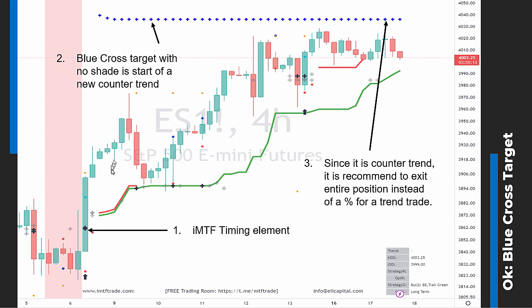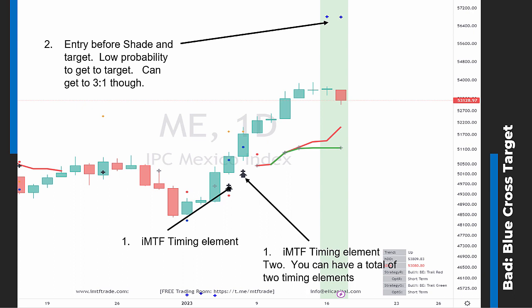Since this did not have a shade here at all, this turned into a counter trend trade after a little while. So at that point, once you got these targets, even though initially you calculated a 3-to-1, you now could sit there and use these blue crosses as your targets, and you could see you got more than 3-to-1 reward risk ratio here in getting to those targets.